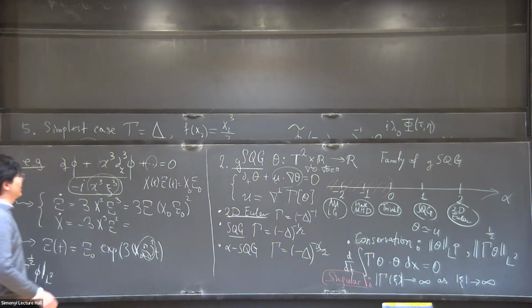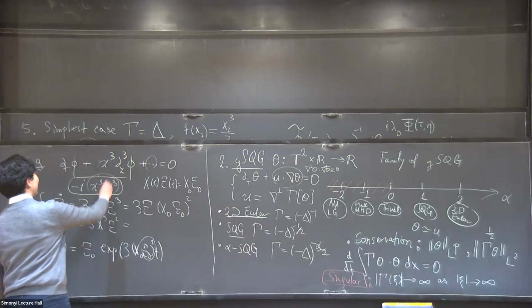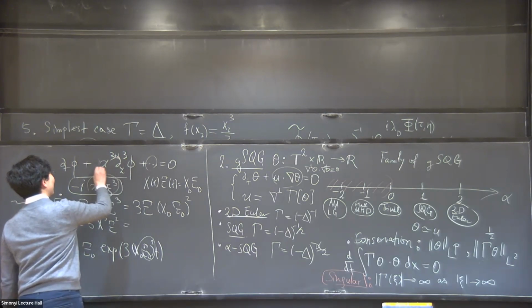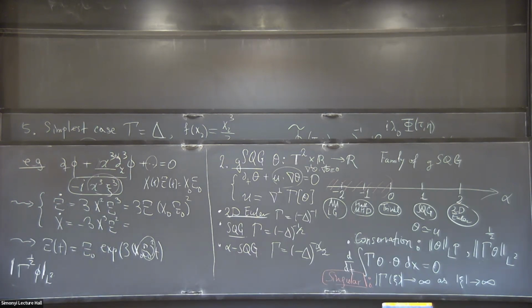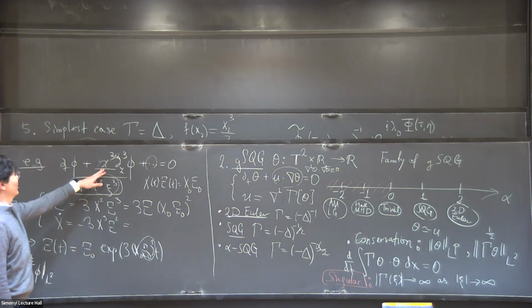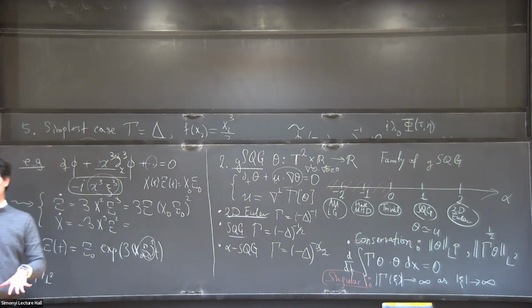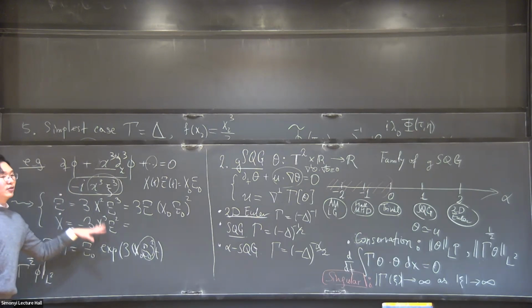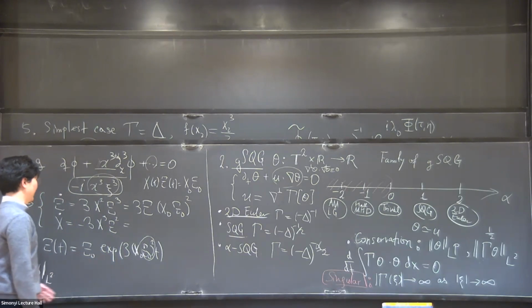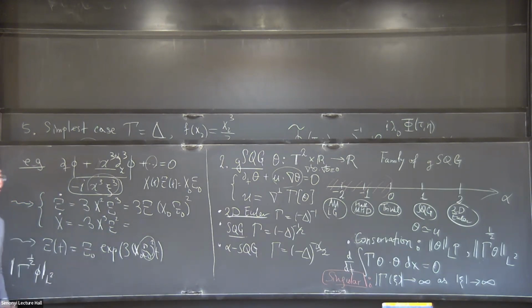But what they did, and which is very nice, is they consider so-called subcritical cases, where the degeneracy is of higher order. In this case, you can repeat this computation, and then you get that the frequency grows algebraically, which is much more tame.